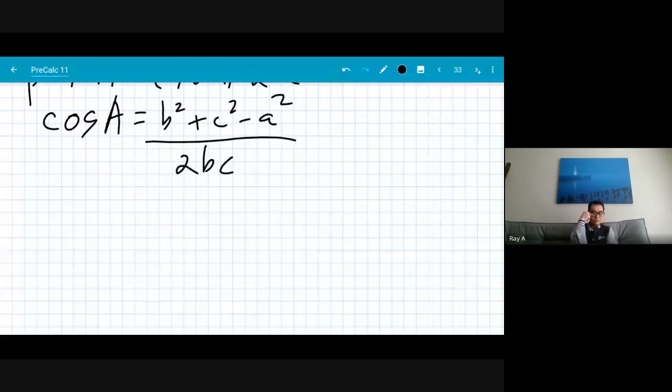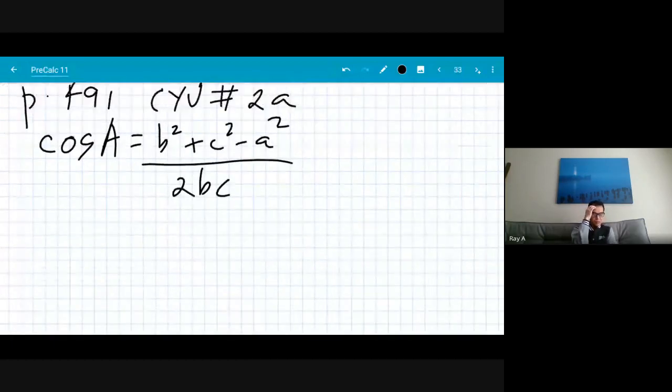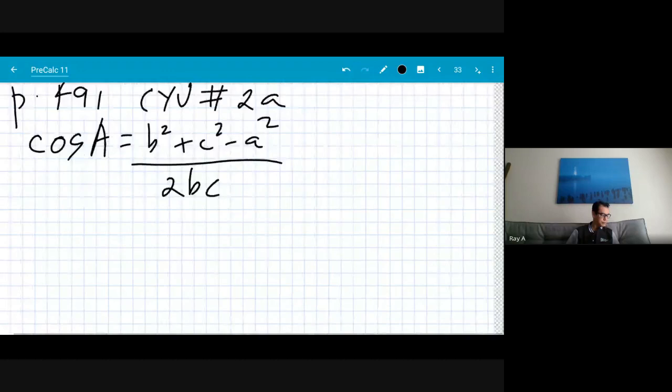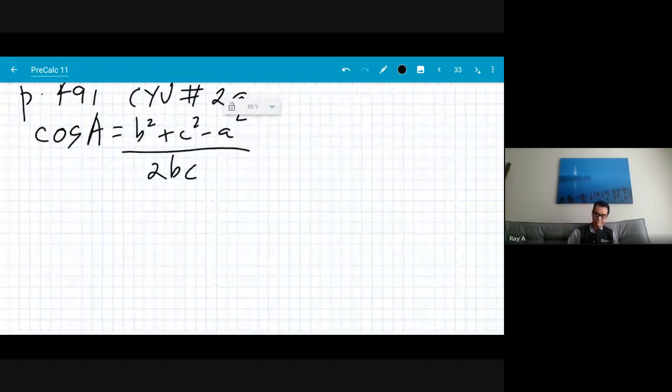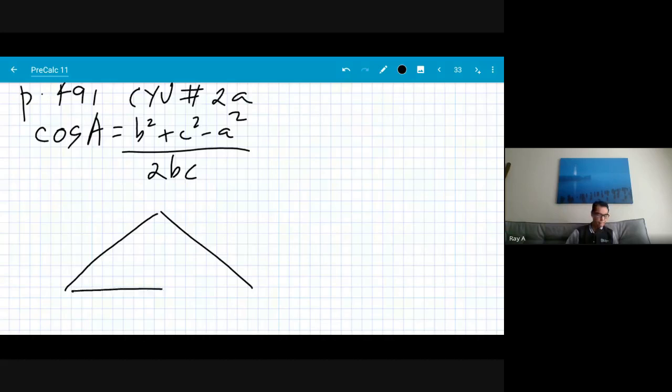Now, what does this mean? What I would rather that you guys do is to create a picture. It doesn't hurt to create a picture, just so that I know the different sides and different angles.